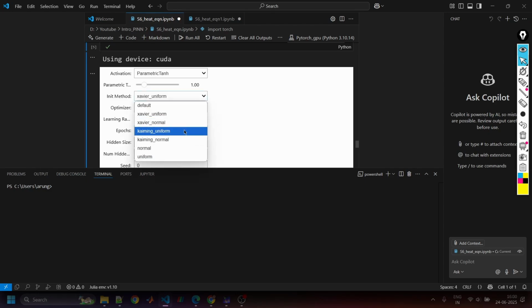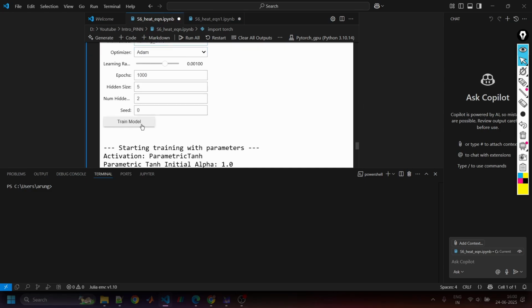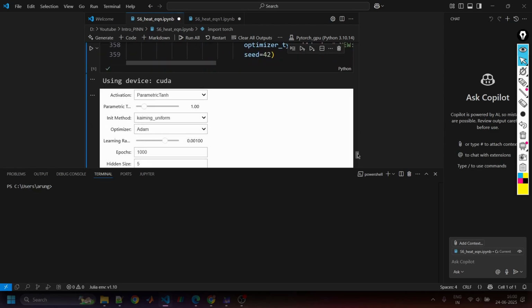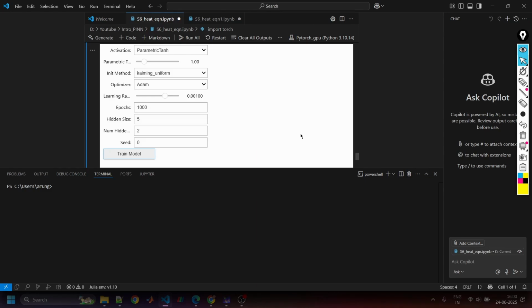Now we shall go to Kaiming initialization. What I have observed is even Kaiming initialization is also not good for this problem. So default was better than any other initialization we have tried here. Of course, it also depends on the number of neurons and layers. So please don't be completely blind on some initialization or optimizer.